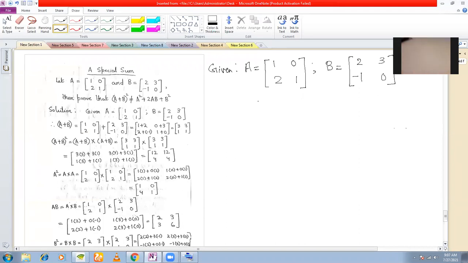Now we want to show that A plus B whole square is not equal to A square plus 2AB plus B square.